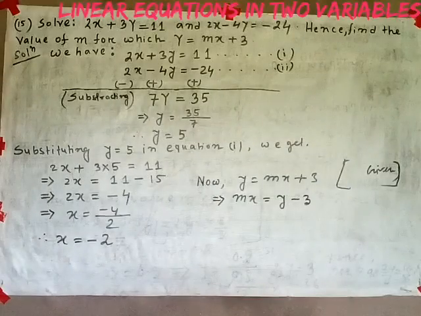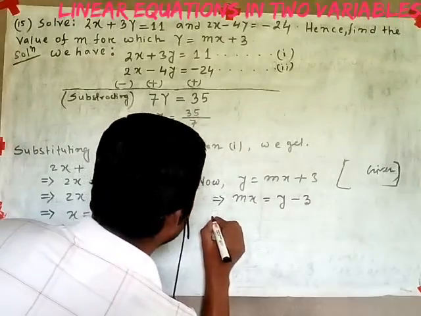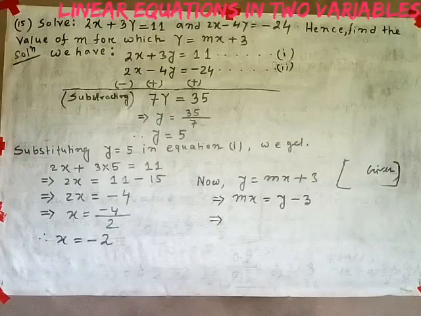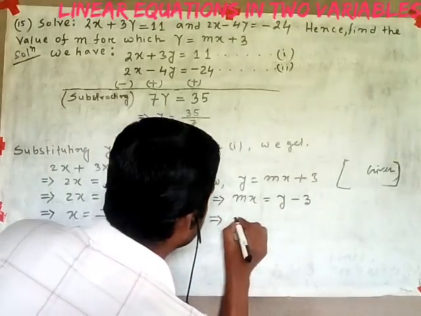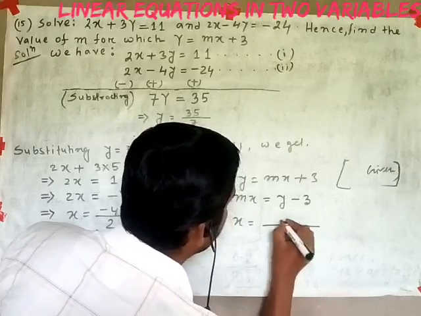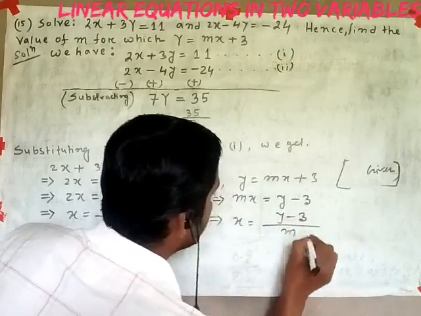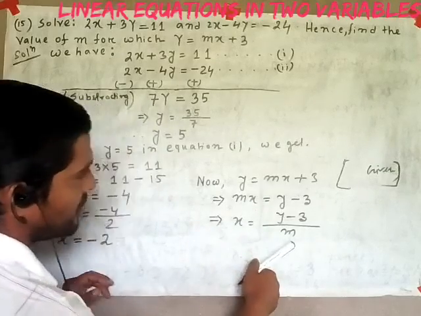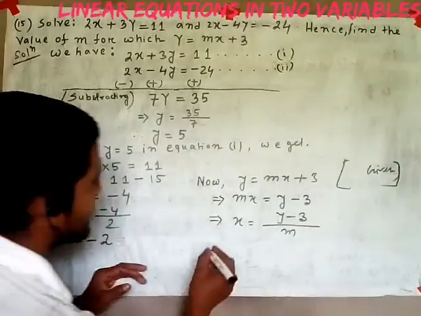We have to find the x value. So x equal to, m will go down and y minus 3.